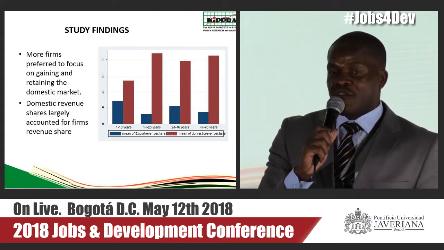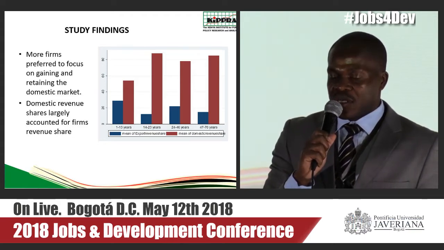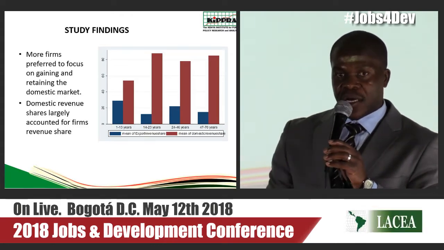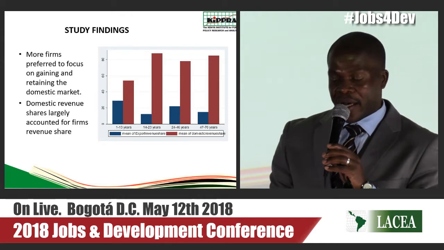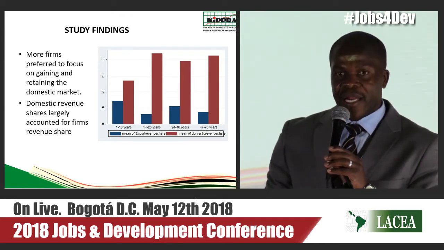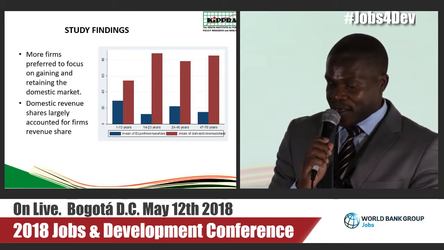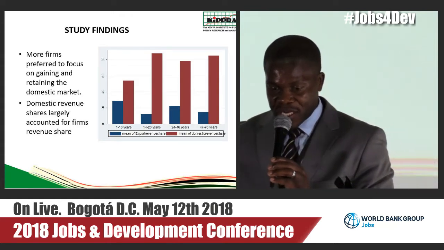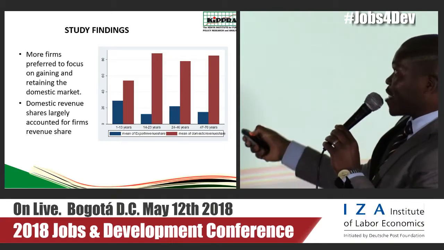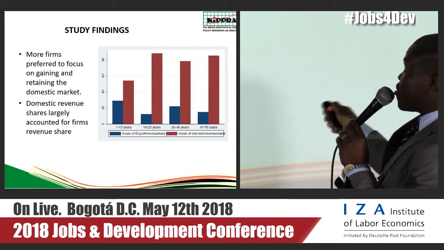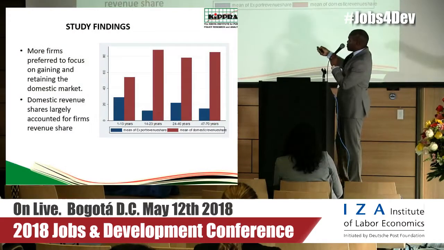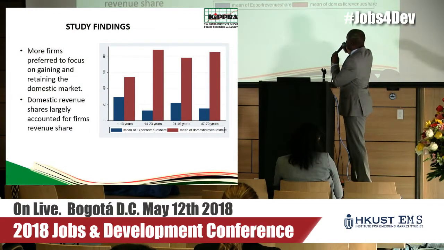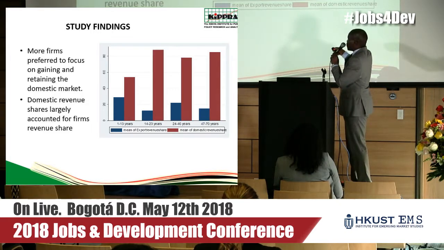And this is an indicator of the level of complexity, because for exports, it is required that you produce products that are more sophisticated and more appealing to the outside market. And from this, we are able to see that the share of export revenue is low for most of these firms. And from this situation, it will not be easy to create a lot of employment opportunities.